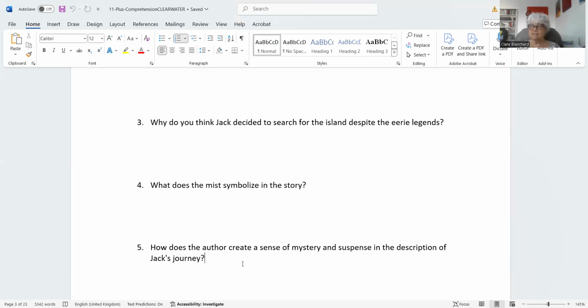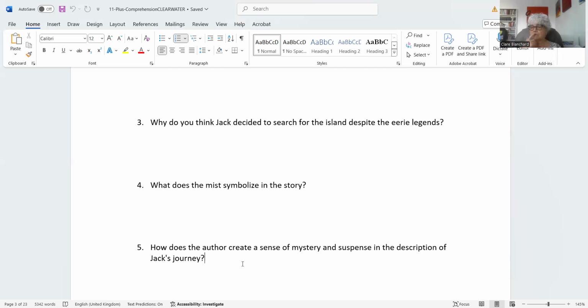So we're being asked specifically to look in the text for things like imagery, simile, metaphor, personification, alliteration, hyperbole, juxtaposition, or all those techniques that we need to be able to recognize in a text, and also that we need to be able to use ourselves in our own creative writing.